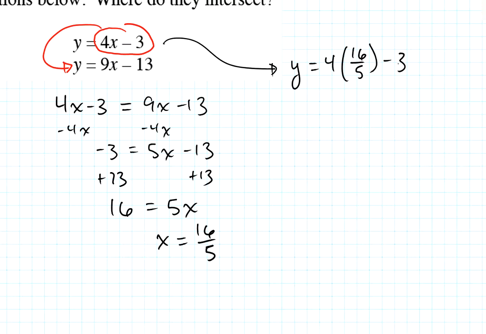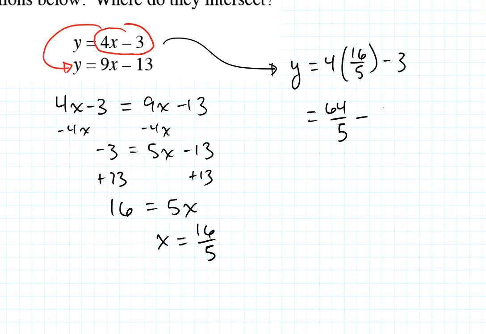Well, I need 16 times 4, so let me do a bit of arithmetic. 16 times 4, 6 times 4 is 24, and then 4, 5, 6, I have 64. So I have y is equal to 64 fifths, and I want to take this number negative 3 and convert it into fifths.